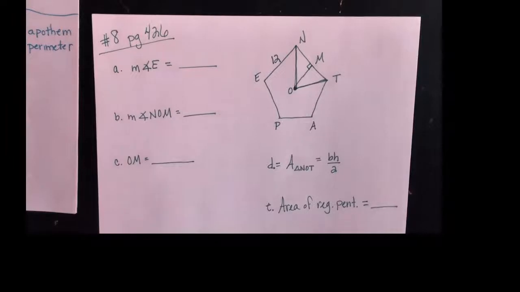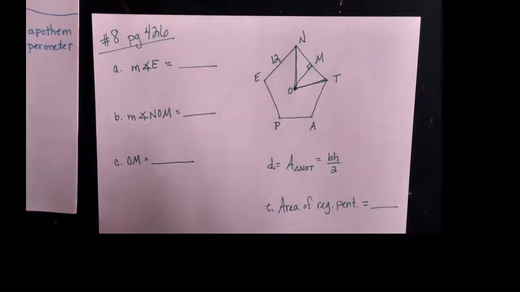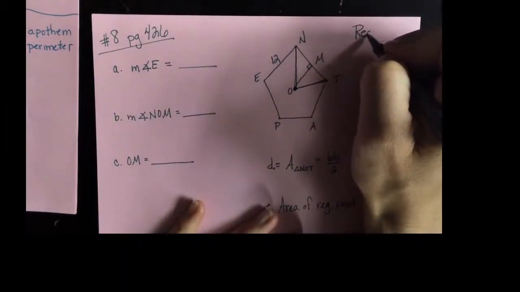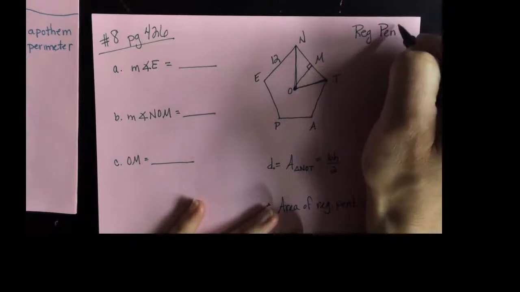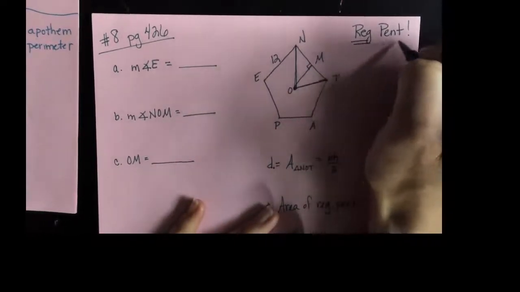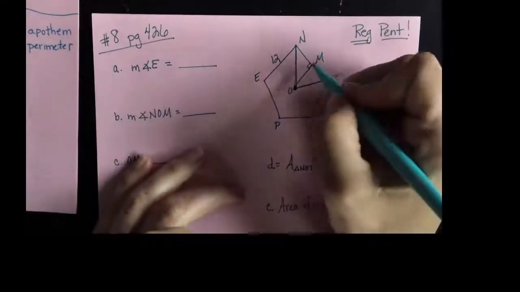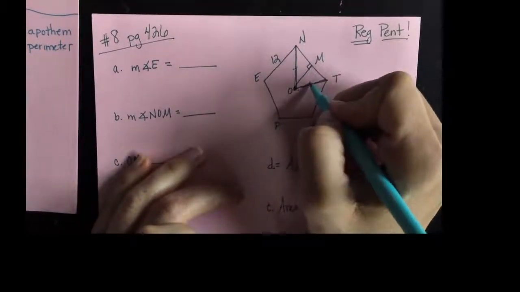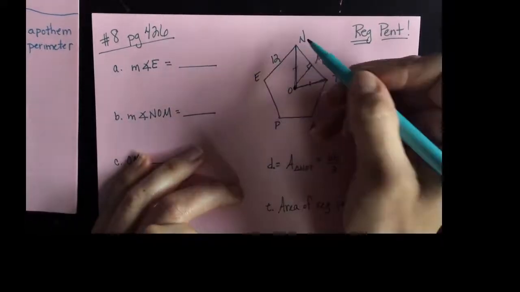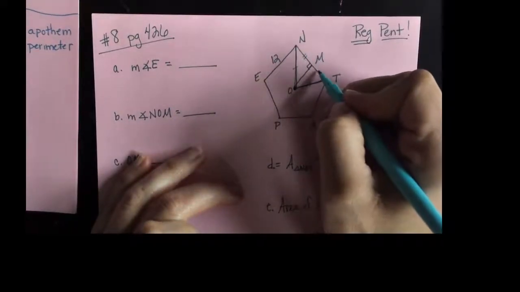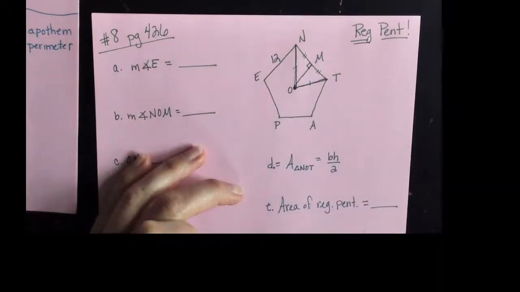And this was all the given material. Because it is regular, that means all the sides are 12. We also have to remember that because this is automatically going to be isosceles, when we have that altitude, it will bisect that side.